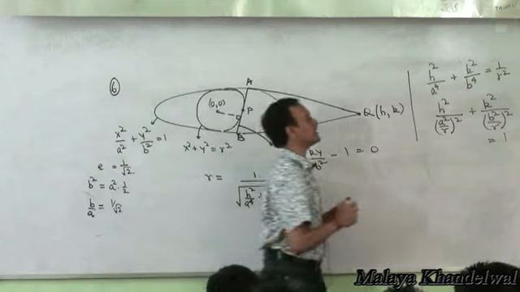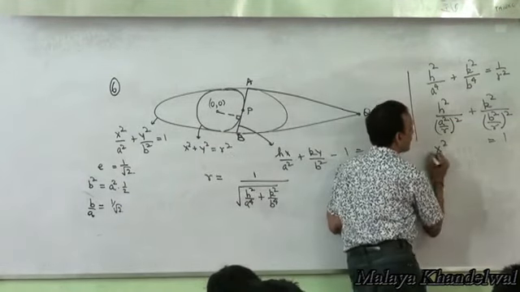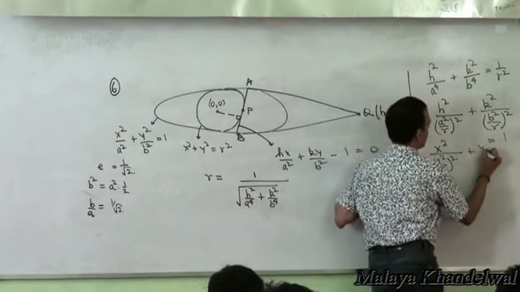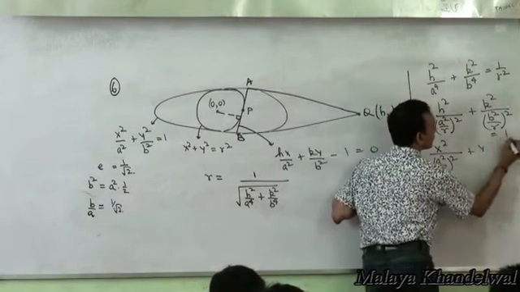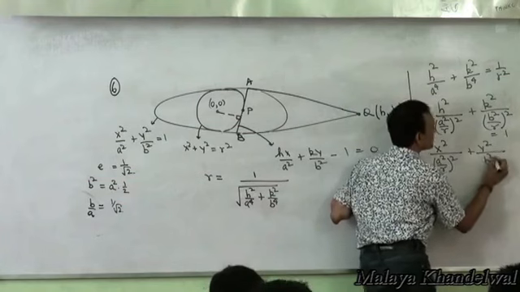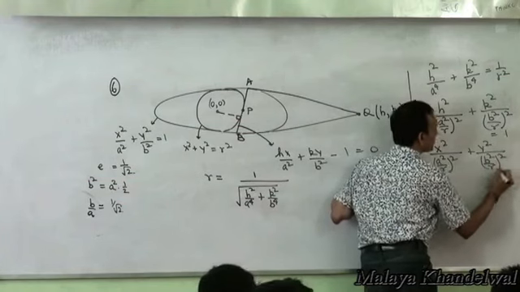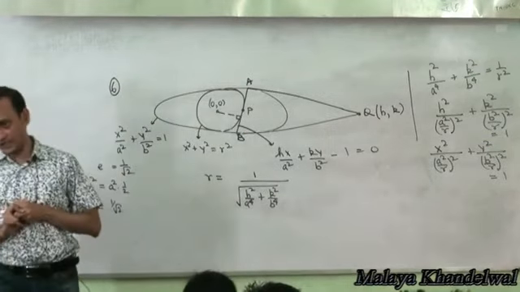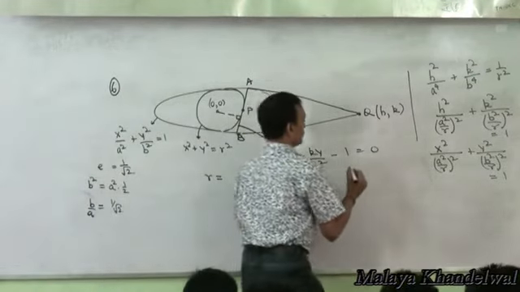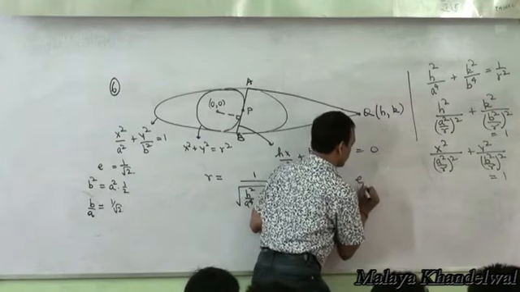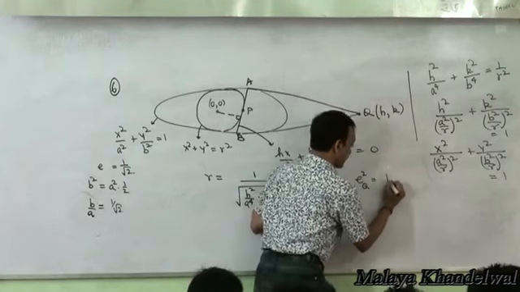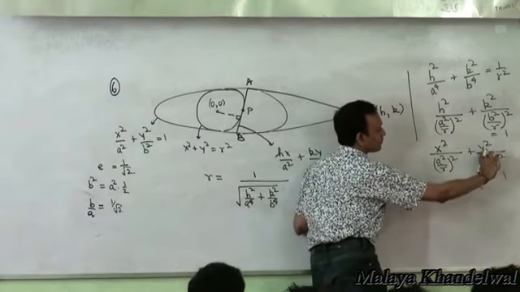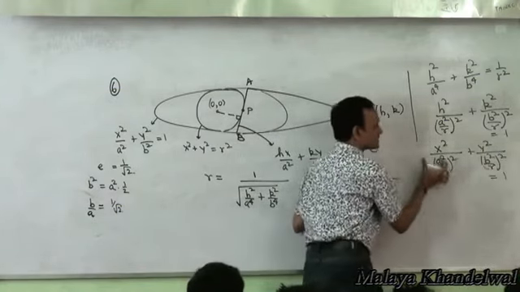If I replace h by x and k by y, x squared by a squared by r whole square plus y squared by b squared by r whole square equal to 1. It represents an ellipse. The locus of Q therefore is an ellipse. What's the eccentricity of the ellipse formed out of the various Q's? 1 minus this by this whole square. That means 1 minus this by this essentially.